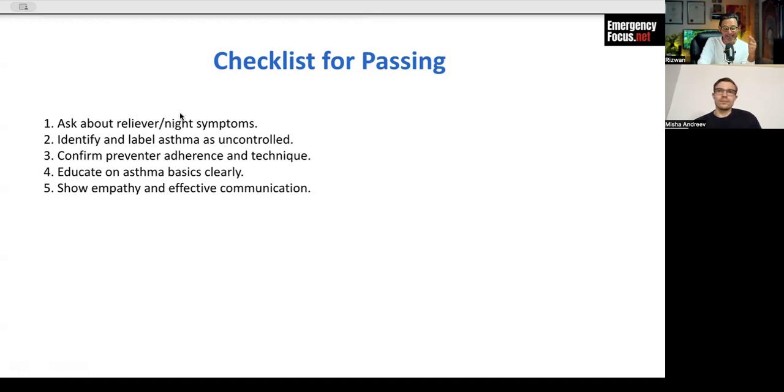And then you are able to identify, based on that, step two, as this asthma is inadequately controlled. And then you are able to emphasize the importance of a preventer as well as short acting beta agonist and educate on asthma.